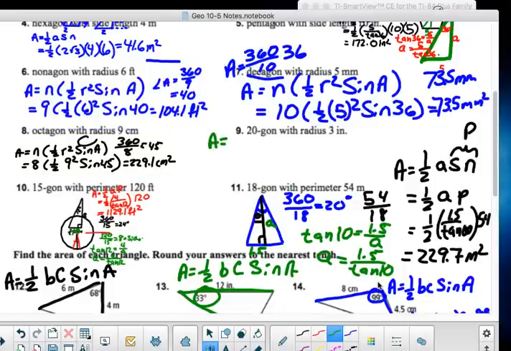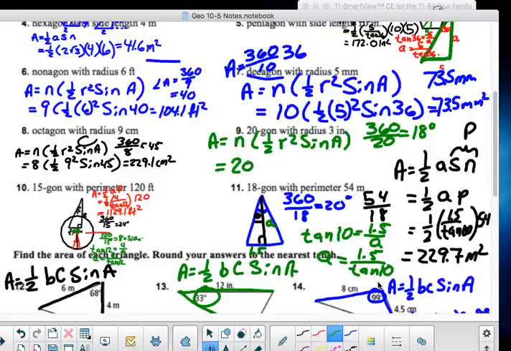If I am provided the radius, I get to use this formula. 1/2 r squared sine of a, where n is the number of sides, r is the radius, a is the central angle. The central angle is related to the sides by being divided by the sides, and each angle here is going to be 18 degrees. Now, I know the number of sides. It is 20.